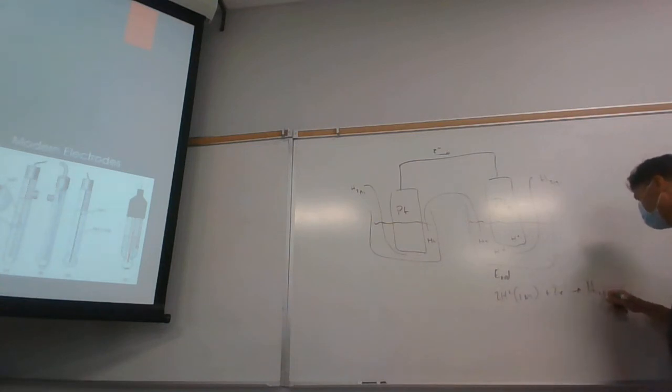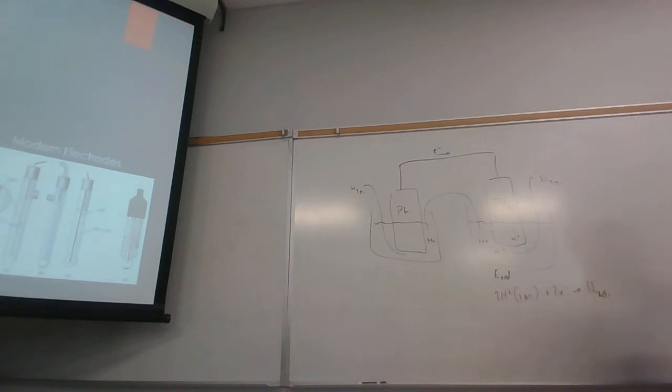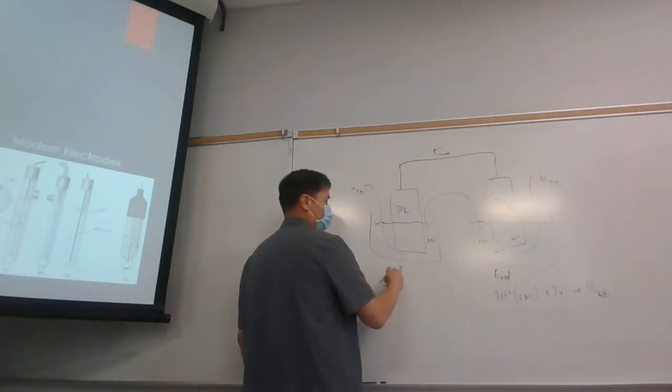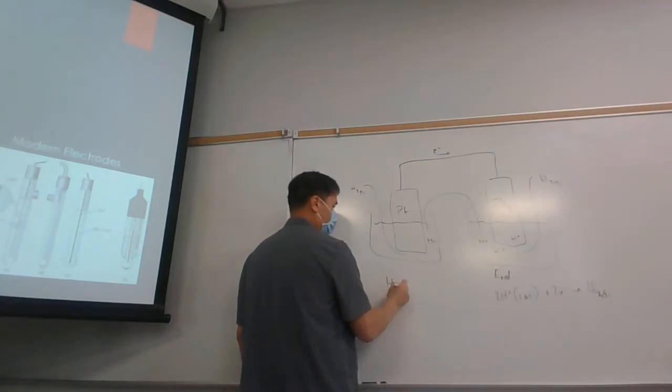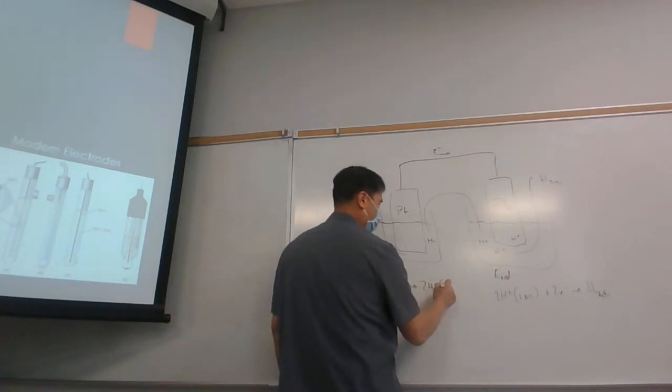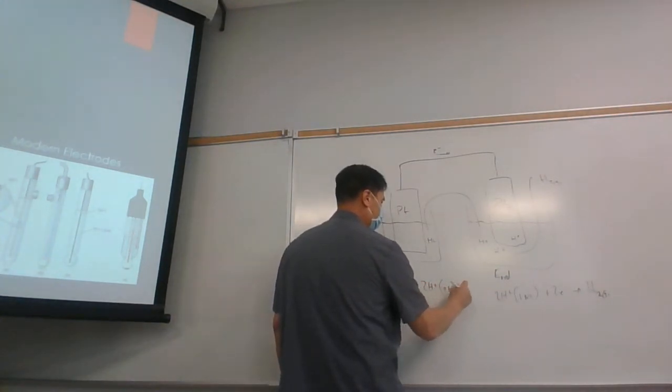H2 gas is just going to be under standard conditions, it's 1 bar. Then over here, I'm going to have a lower concentration of H plus. And so over here, I'm going to have H2 gas go to 2H plus, at X molar, plus 2 electrons.